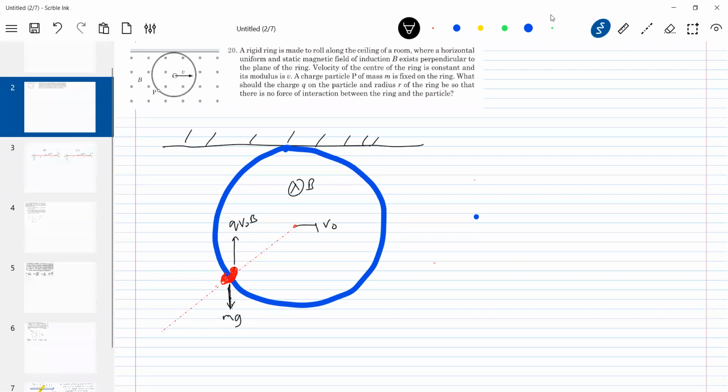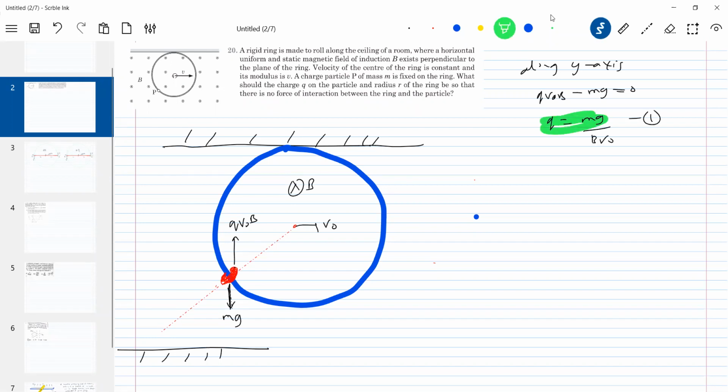And as it is in the ground frame, what you actually see first is along the y-axis: QV0B minus mg equal to 0, or Q equal to mg by BV0. This is equation 1, one part of the answer.